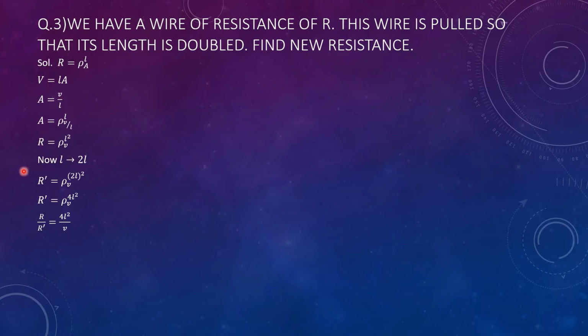R upon R dash, and here rho L square upon V and whole upon rho 4L square upon V. From here rho will cut directly. This rho in numerator and this in denominator. It will cut. 1 upon V, and here also 1 upon V, it will also cut. What is remaining? 4L square from here and L square from here.